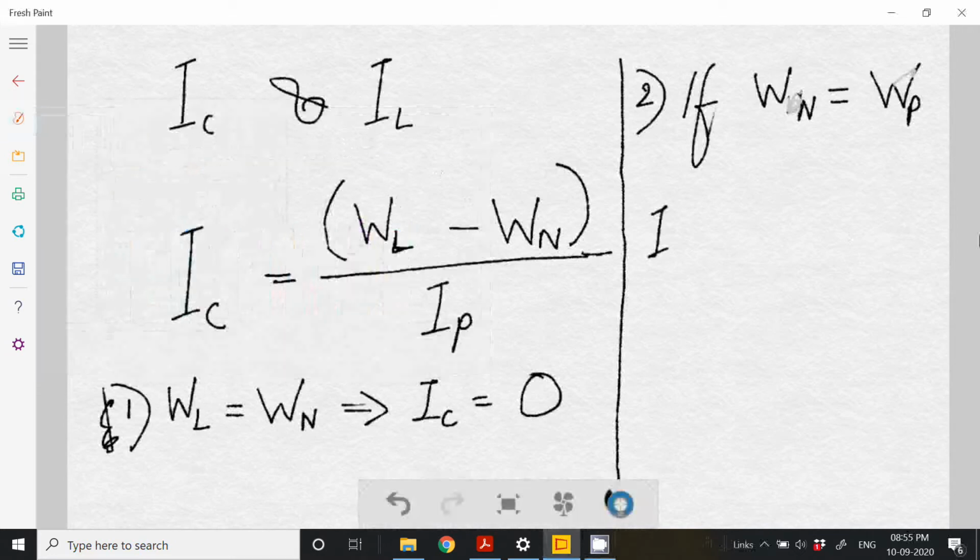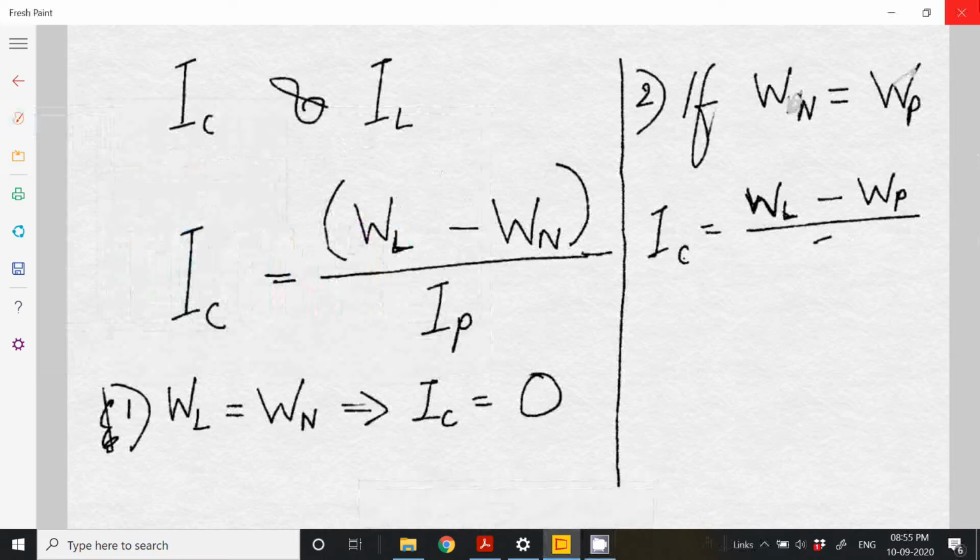IC will become equal to, we know that liquid limit minus plastic limit is equal to plasticity index.